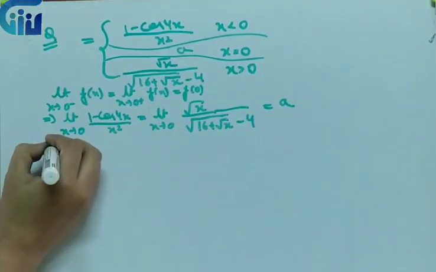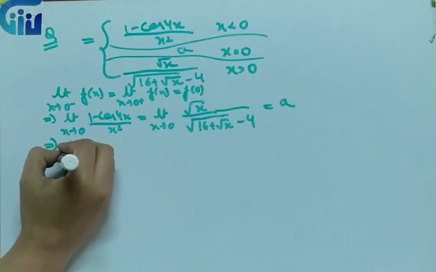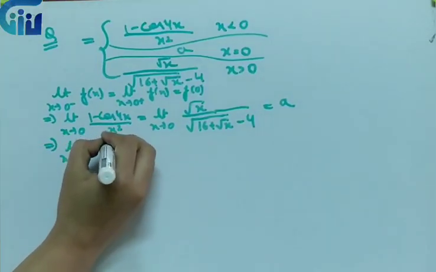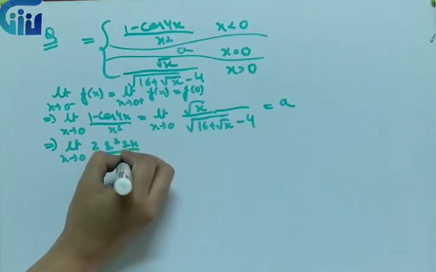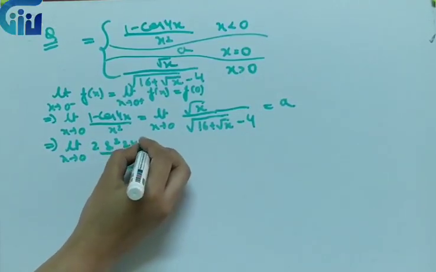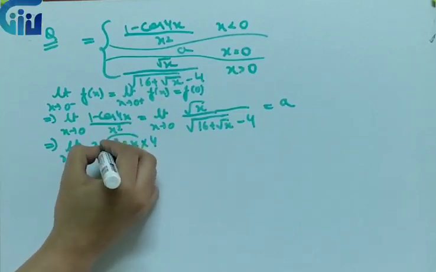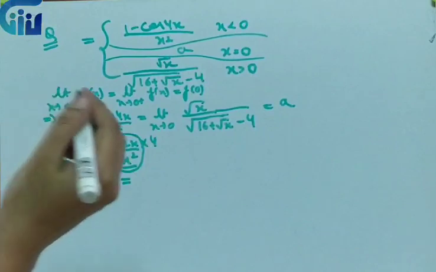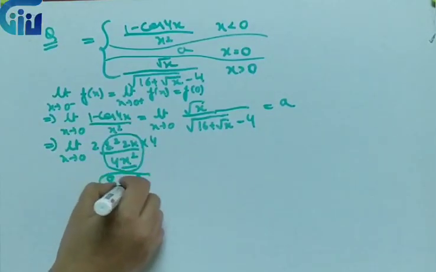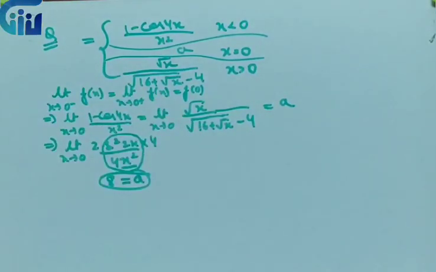First of all, let's solve the left hand limit. Over here again we have the same formula, that is 2 sin square 2x. Over here I have x square, so I'll multiply and divide by 4. This whole will become 1, so 4 into 2 comes out to be 8. So from here I can say a is 8, but I do have to check the other part.